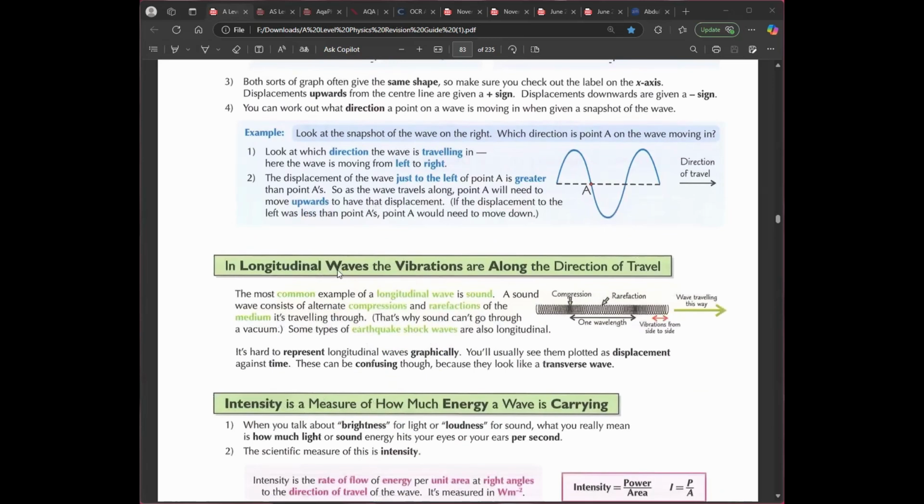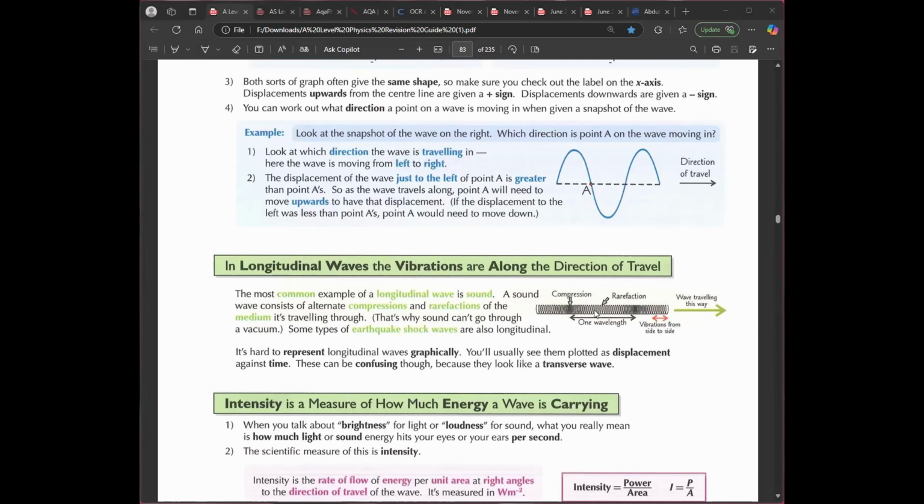Whereas for longitudinal waves, the only example that is discussed here is sound waves. We mostly discuss only transverse waves, but a little bit of longitudinal waves as well. So the biggest example of that is sound waves. The difference between transverse and longitudinal is that in a longitudinal wave, the vibrations are in the direction of the wave travel.